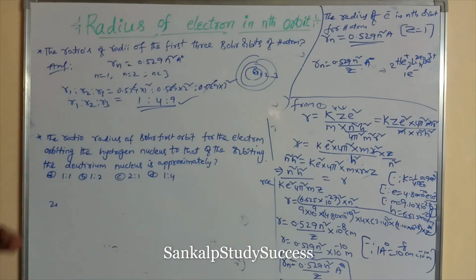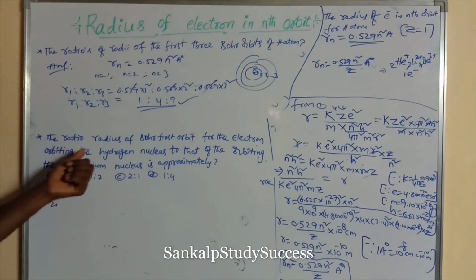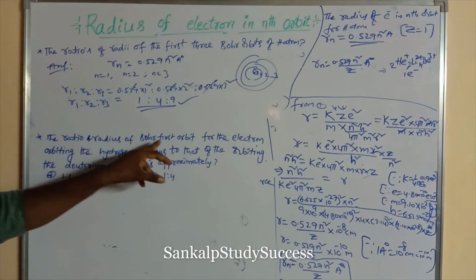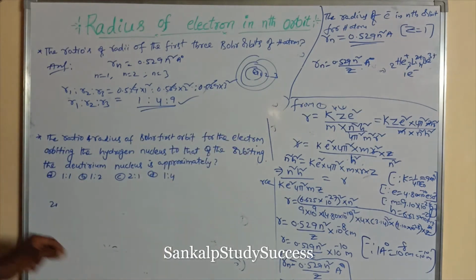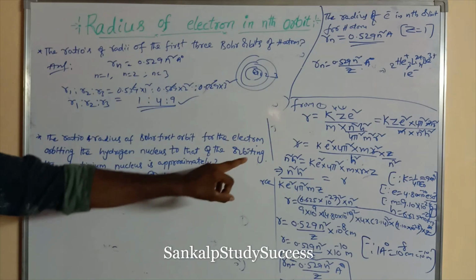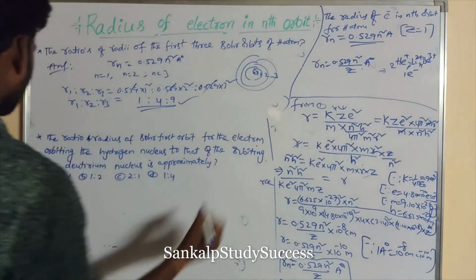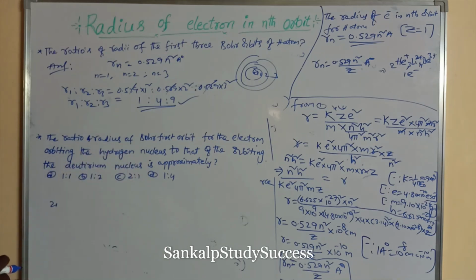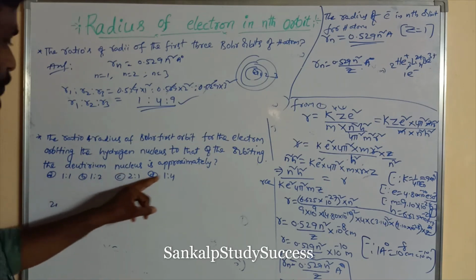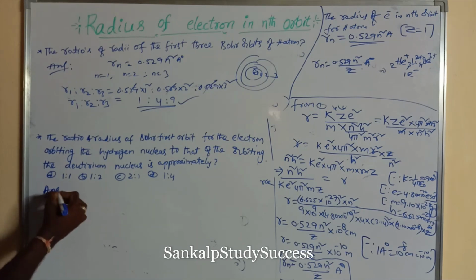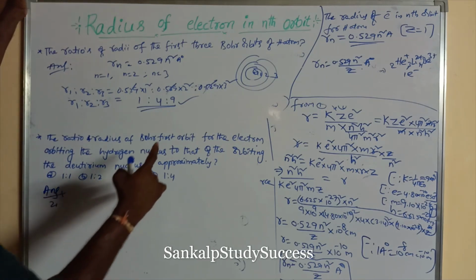Now go to the second sum. The ratio of radius of Bohr first orbit for the electron orbiting the hydrogen nucleus to that of the electron orbiting the deuterium nucleus is approximately. The options are given: 1 is to 1, 1 is to 2, 2 is to 1, 1 is to 4. Here, what atoms are given?